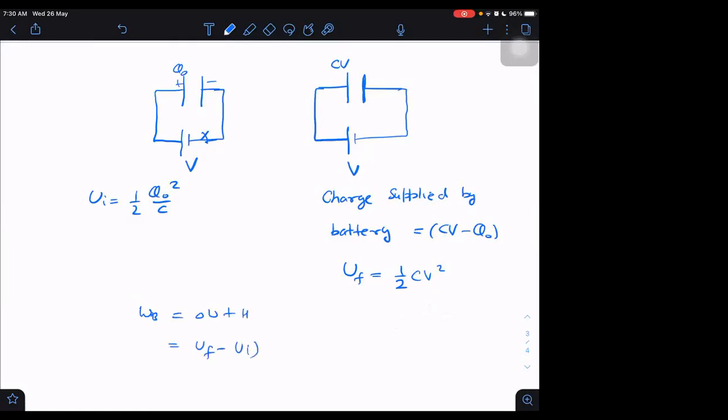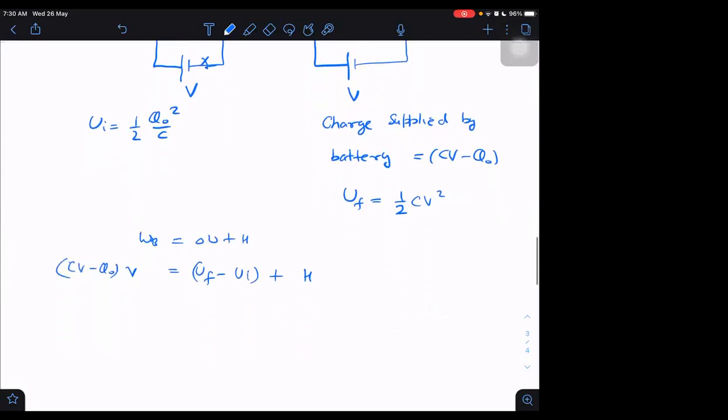UF minus UI, plus heat supplied, is equal to the work done by battery, which will be (CV minus Q naught) whole into V. So half of CV square minus Q naught square by C, plus H, is equal to CV square minus Q naught into V.